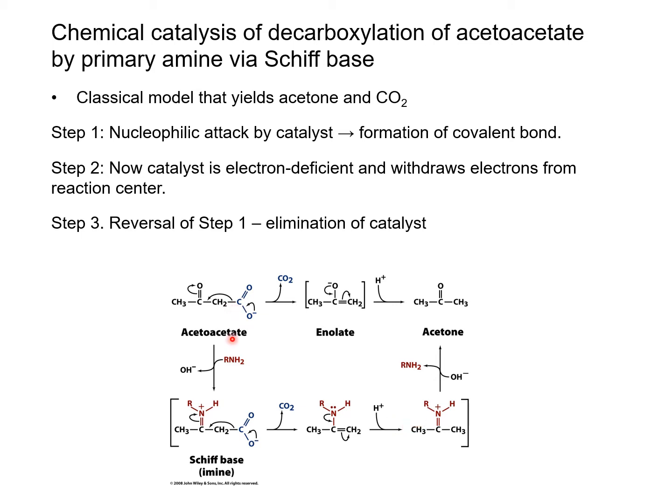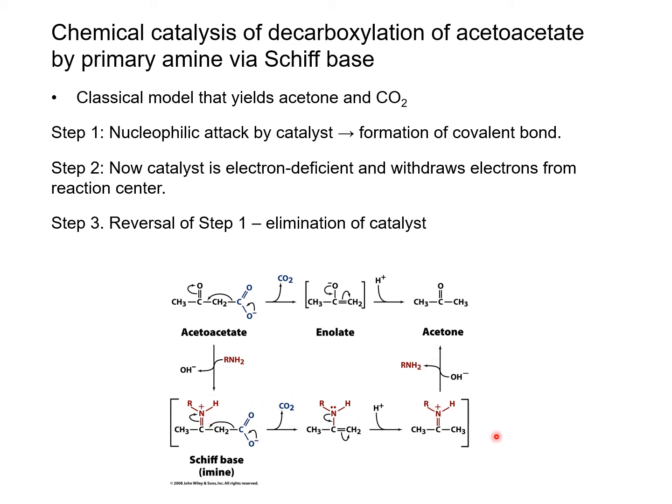So acetoacetate becomes acetone through this intermediate called enolate, with carbon dioxide as a leaving group and addition of the hydrogen cation. But this can be accelerated by adding this primary amine as a catalyst. In this case, it comprises mainly 3 steps.